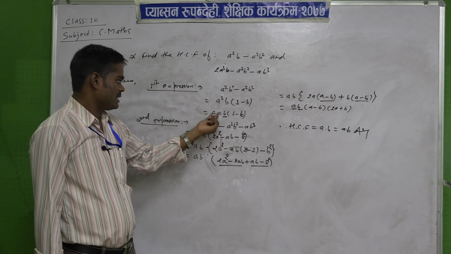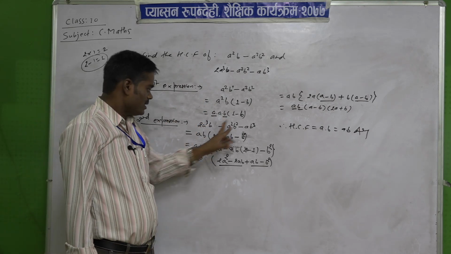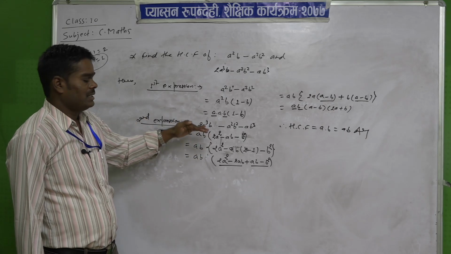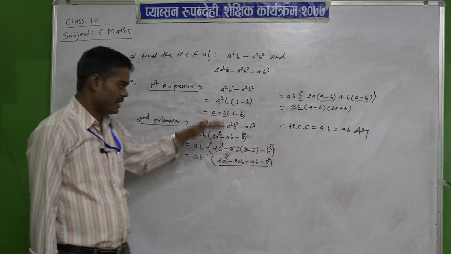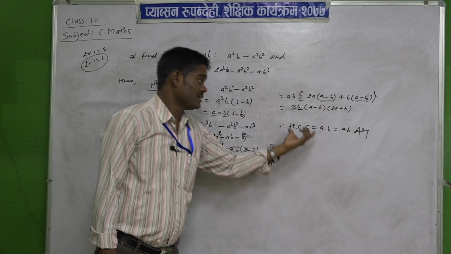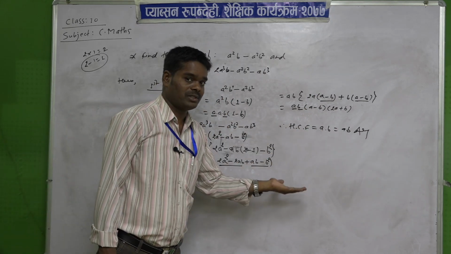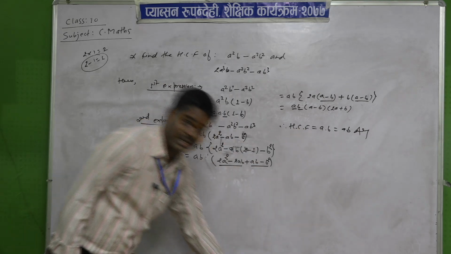So factorize this, a square means a into a, b, and so on. In the same way, first you have to take the common. After taking the common, if there are 3 terms, then you have to factorize. After getting the factors, you have to find the common factor in both expressions, and that is the SCF, that is the answer, my dear students.